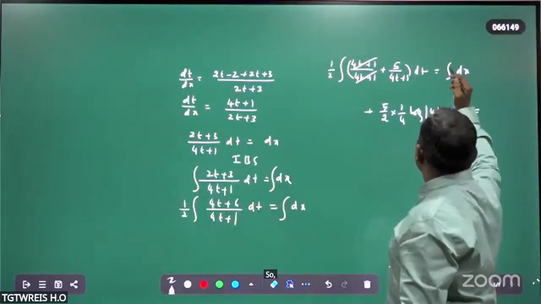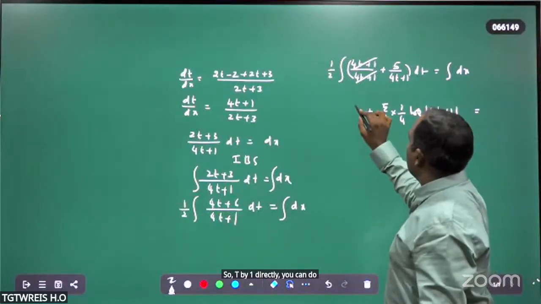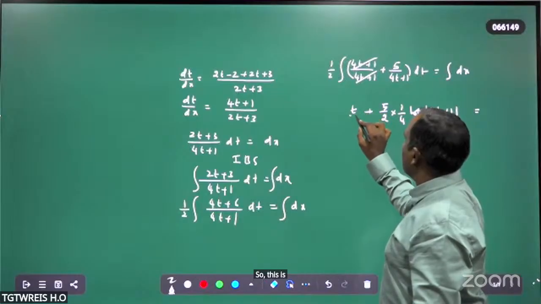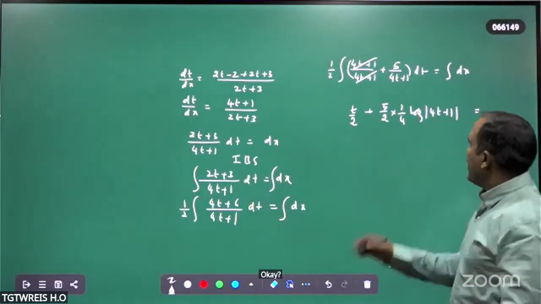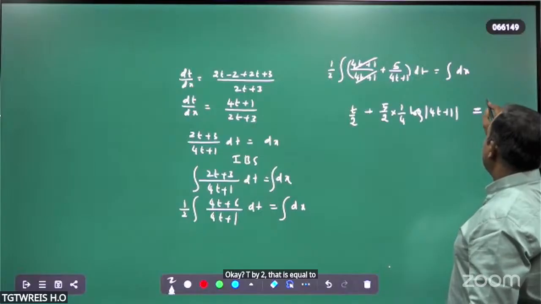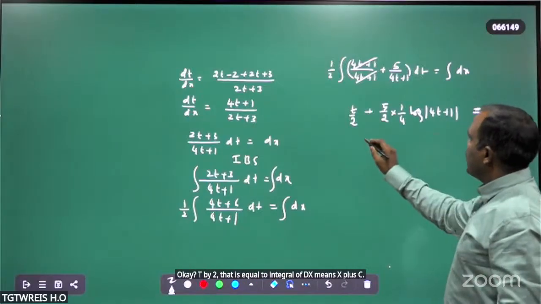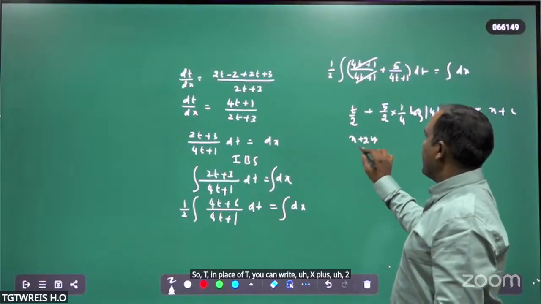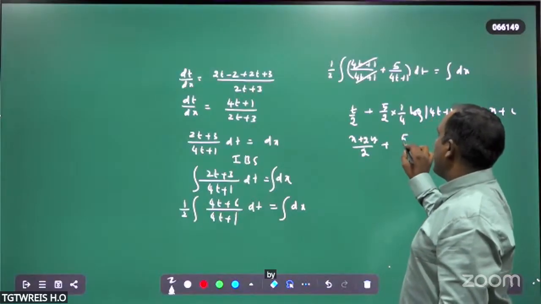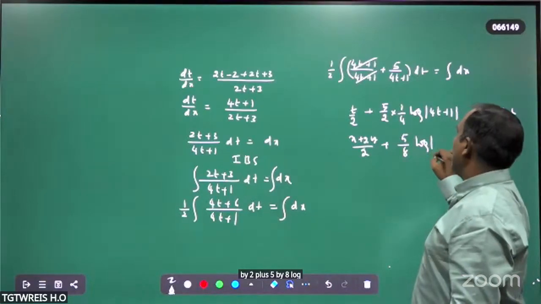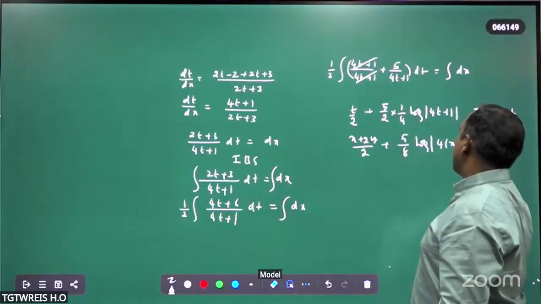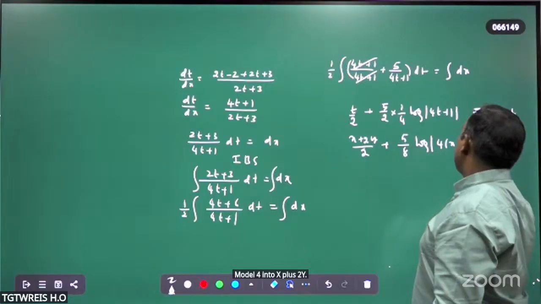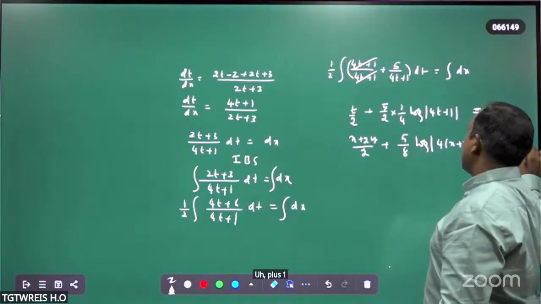So t by 2 equals integral of dx, which is x plus c. So in place of t, write x plus 2y: (x plus 2y) by 2 plus 5 by 8 log of mod 4 into (x plus 2y) plus 1 equals x plus c.